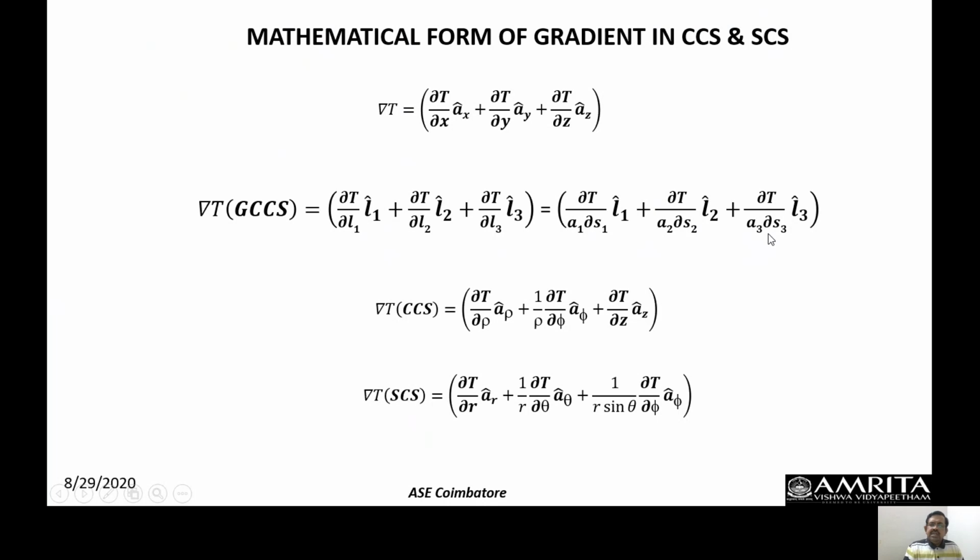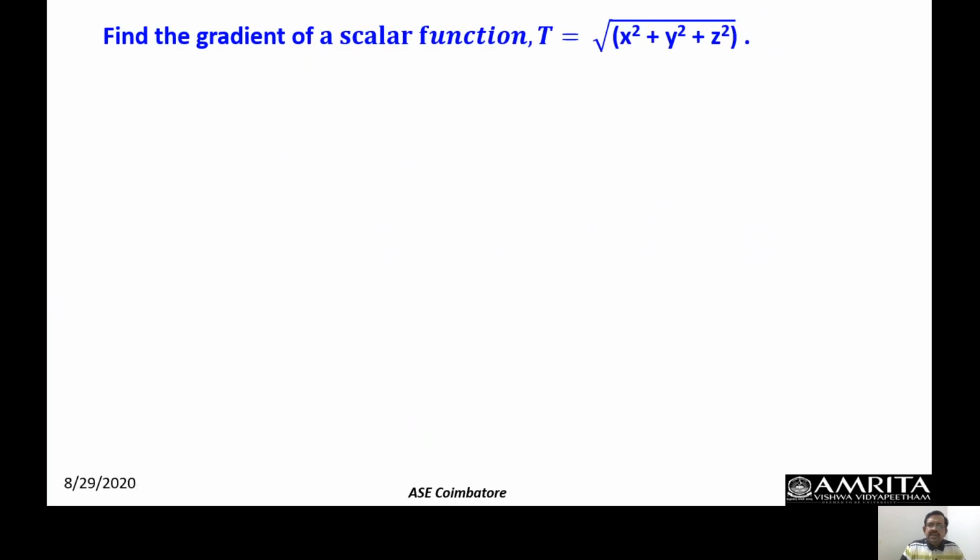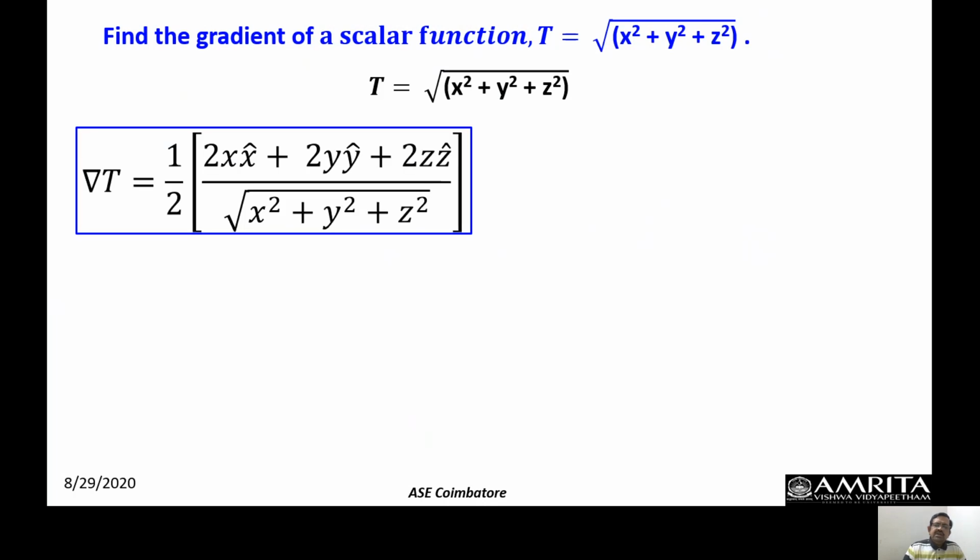Okay. Let us talk about the gradient of a scalar function, t equal to the root of x square plus y square plus z square. Purposefully, I have given this in the Cartesian coordinate system. I can solve this problem like this. Very simple. If you differentiate this function, we will get del t. Del t will be half into, so you first differentiate this square root function.